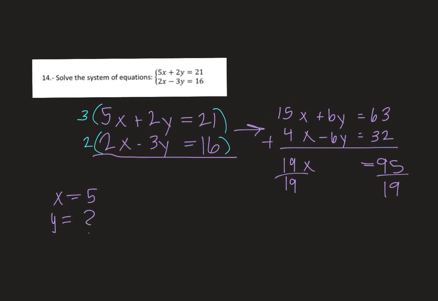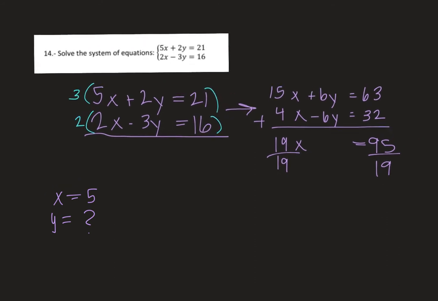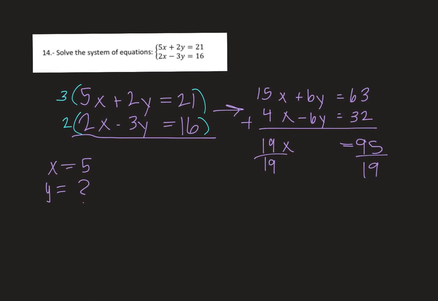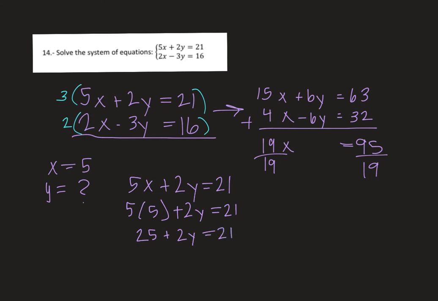Okay, so we can plug that x value into any equation. So I think let's just use that top equation. If we know that we have 5x plus 2y equals 21, and we know our x value, we can figure out what our y value is. So we have 25 plus 2y equals 21.